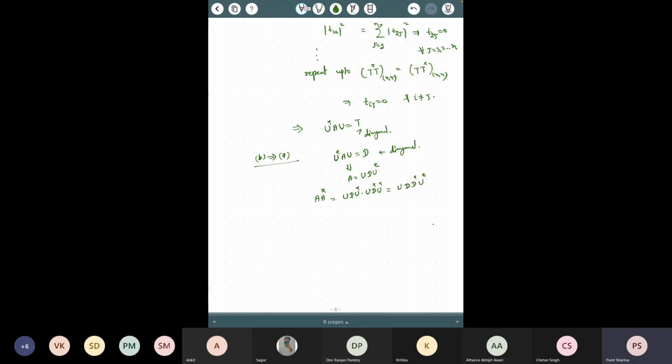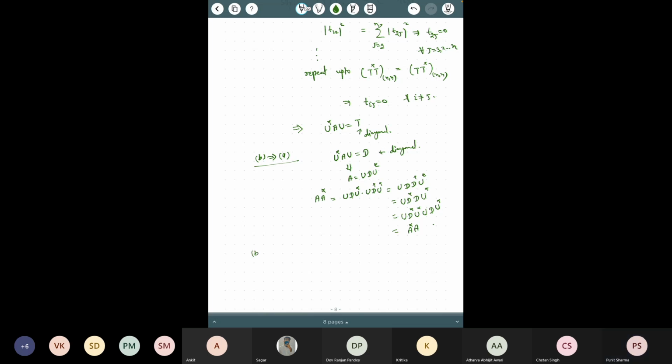But as we said, diagonal matrices are normal because a diagonal matrix commutes with its conjugate transpose. So this you can write as D star D U star, which is just A A star. So A is normal. So A if and only if B.